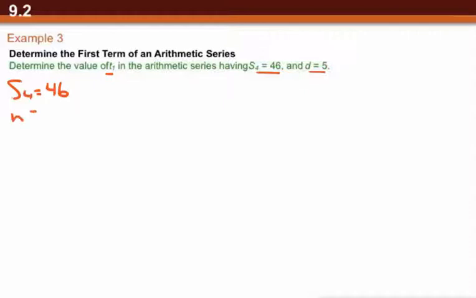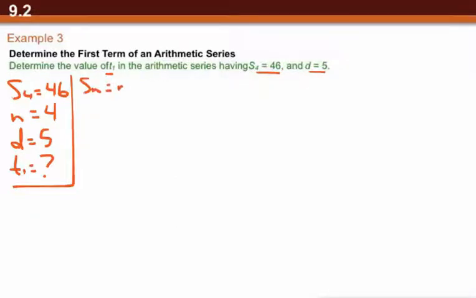Fill in what we know. Four over 2 is 2. 4 minus 1 is 3.